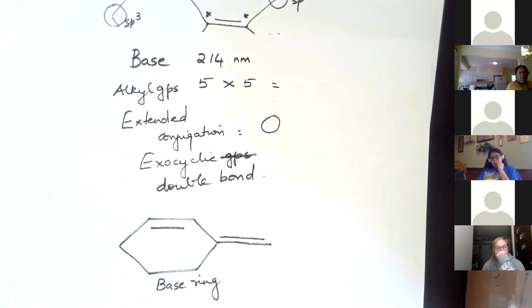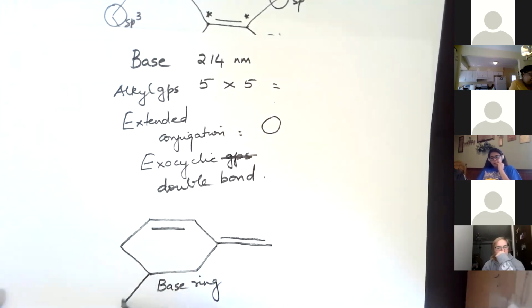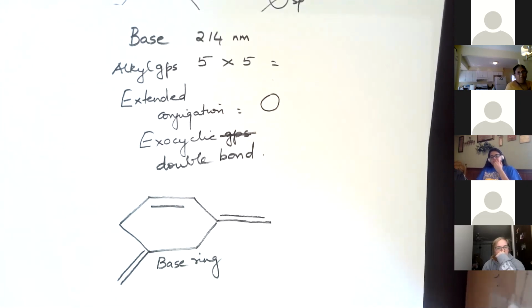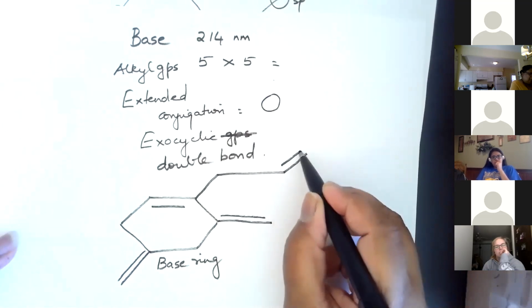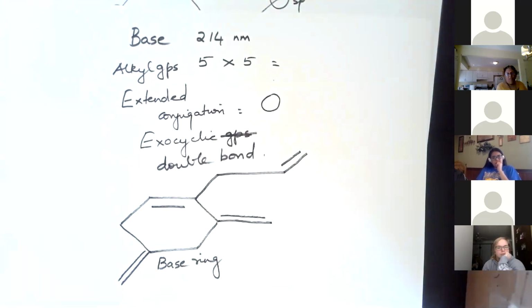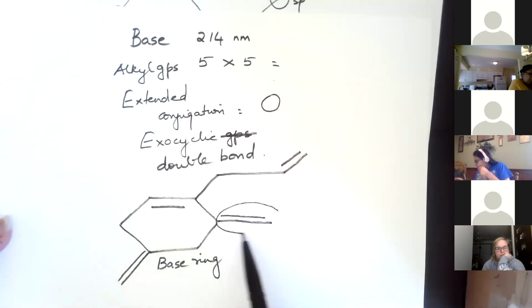Okay, this is exocyclic. Now, if I had a double bond there, do I have an exocyclic group? Yes. Okay. Do I have something like this and a double bond way over there in front of my neighbor's house? That's not exocyclic. How many exocyclic groups do you have?